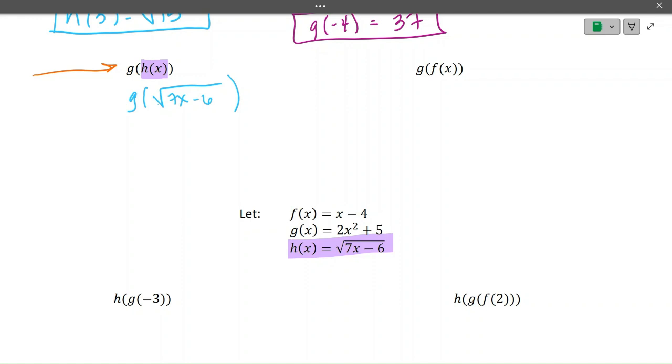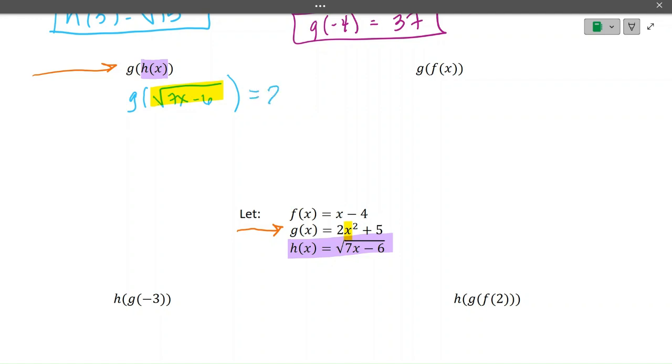Now we have g of the square root of 7x minus 6. So now we look at function g, and everywhere we see x, I'm going to grab a different color, we replace with the square root of 7x minus 6. So I'm going to go ahead and do that.